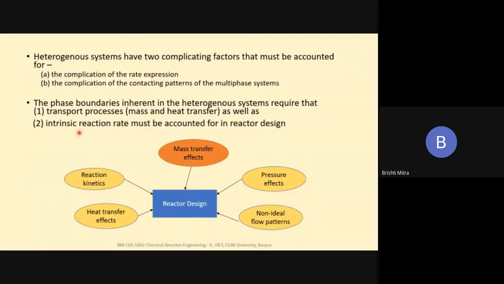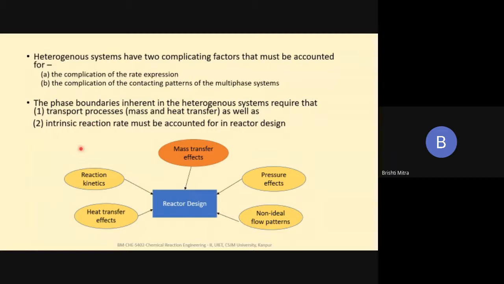So what is intrinsic reaction rate? Intrinsic reaction rate means a reaction rate which is not influenced by mass transfer. This is the real reaction rate where no influence of mass transfer is felt. So mass transfer and intrinsic reaction rate together will lead to something else, which we will learn right now.